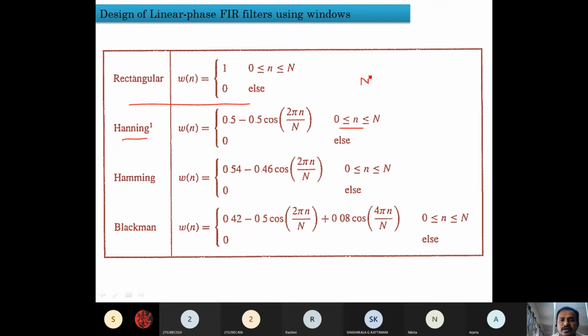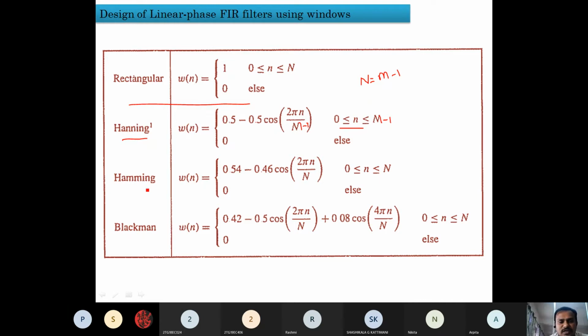We just replace N by M minus 1, because in all the previous discussion we considered length M, while these use a different label, N. So if I replace N with M minus 1, the Hanning window function for the duration 0 to M minus 1 will be 0.5 minus 0.5 cos of 2 pi n divided by M minus 1, else it will be 0.